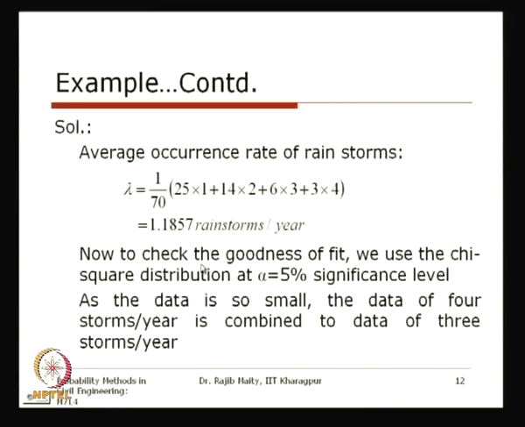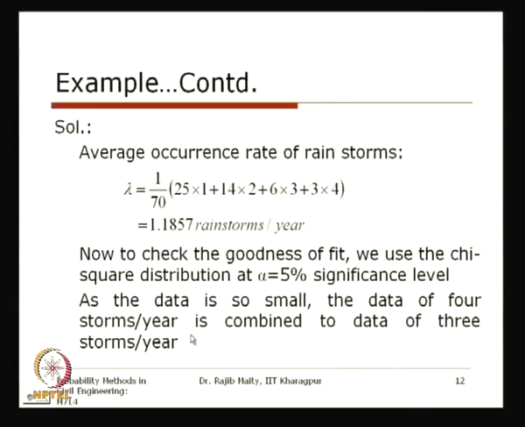So now, to check the goodness of fit, we use the chi-square distribution at alpha equal to 5% significance level. As the data is so small, the data for 4 storms per year is combined with the 3 storms per year. This is generally done, but some discussion is required.